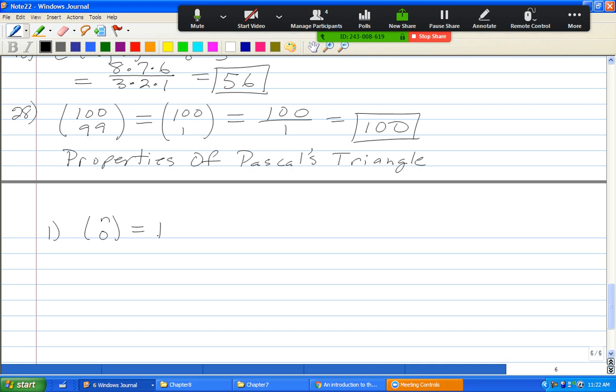Okay, so I have that NC0 is equal to 1 for all n. So let me show this. These are really just going to be computations.